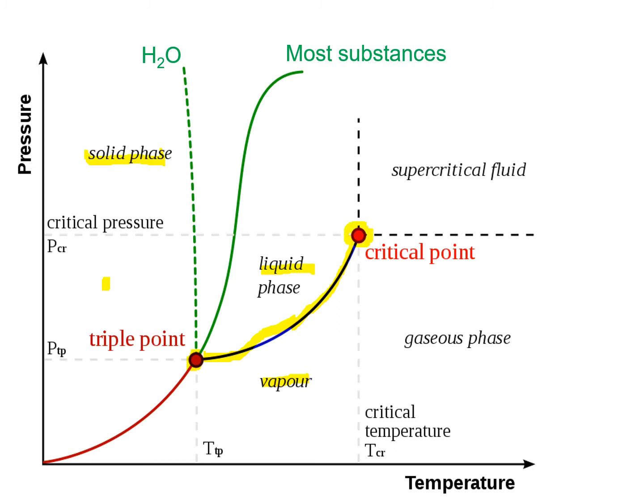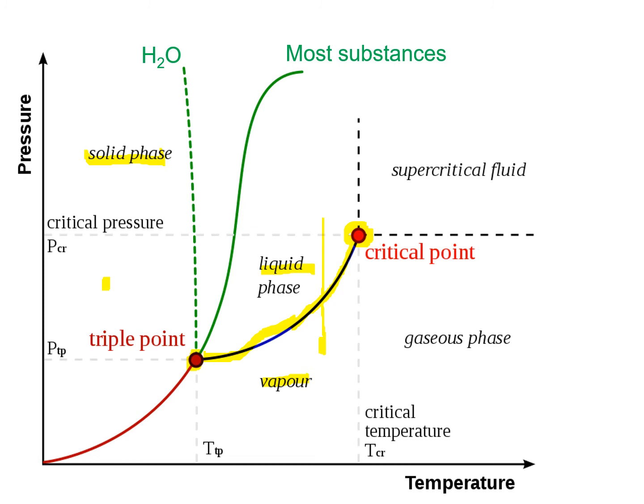The critical point is, as you can see, where the vaporization curve has an end. So that means that for every temperature below the critical temperature, if I keep the temperature constant and I start increasing the pressure, eventually I can manage to liquefy my vapor.